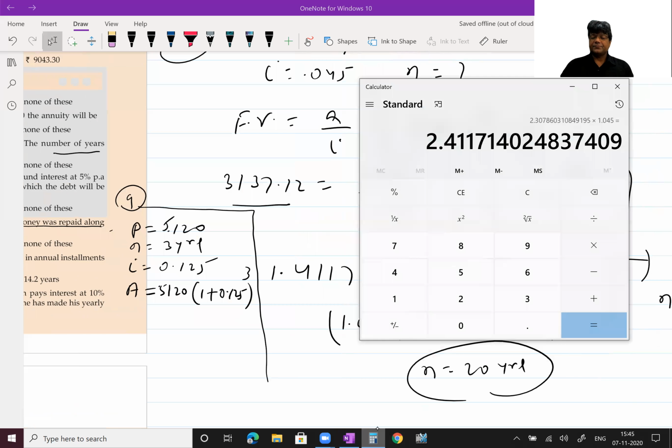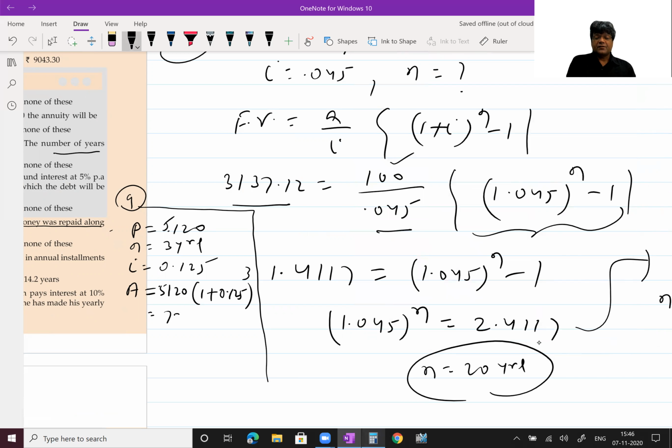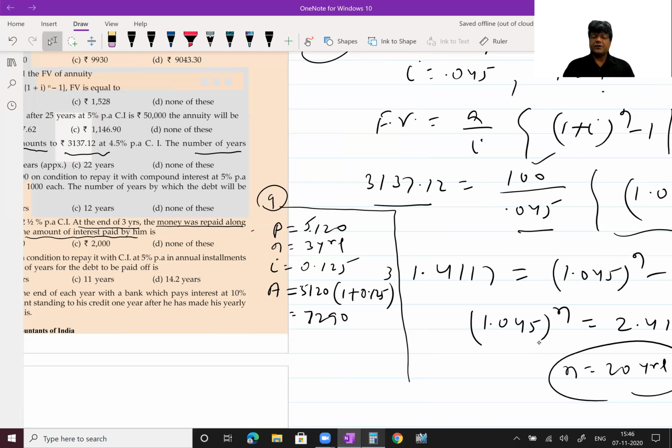If we use the calculator, 0.125 plus 1, then multiply to square, to cube, into 5120, it comes out to be 7290. This much money he will pay. How much he took? 5120. After 3 years, how much he will pay? This much. Why? He will have to pay the interest of 3 years.